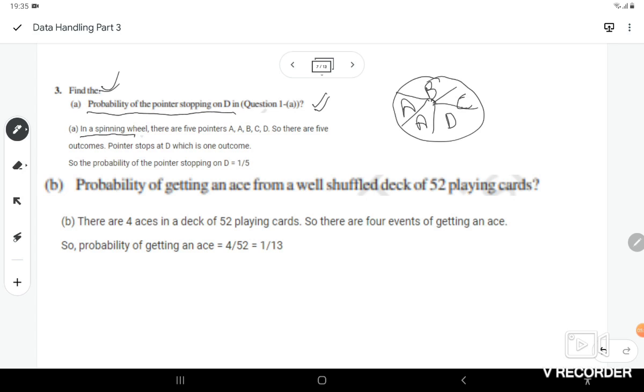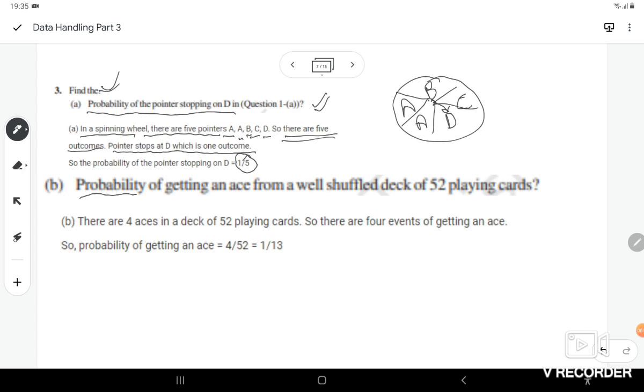In the spinning wheel there were 5 pointers, A, A, B, C and D. So there are 5 outcomes. The pointer stopping at D is only one outcome. So there is 1 D out of 5, so its probability would be 1 by 5.